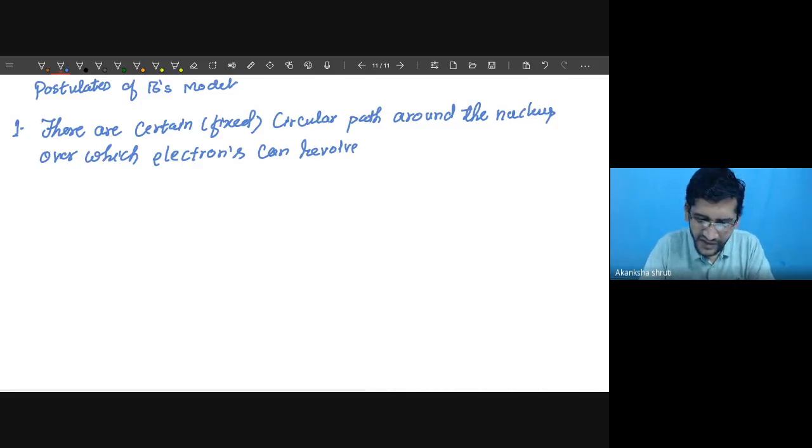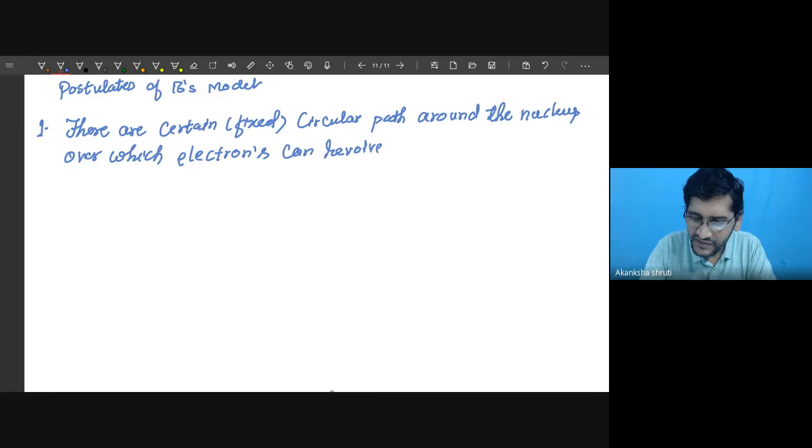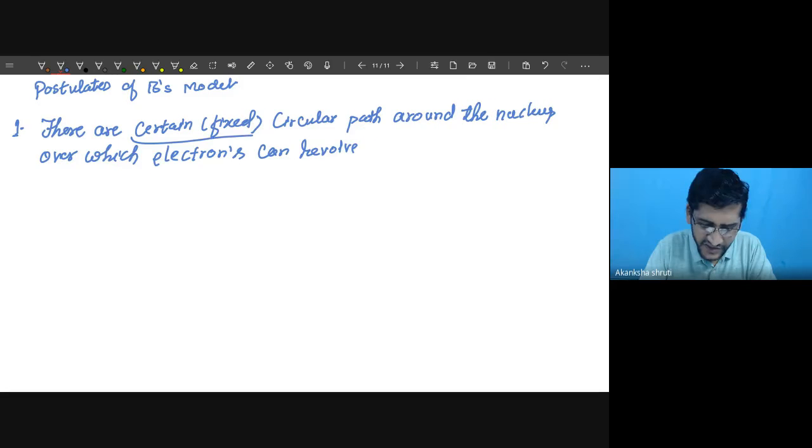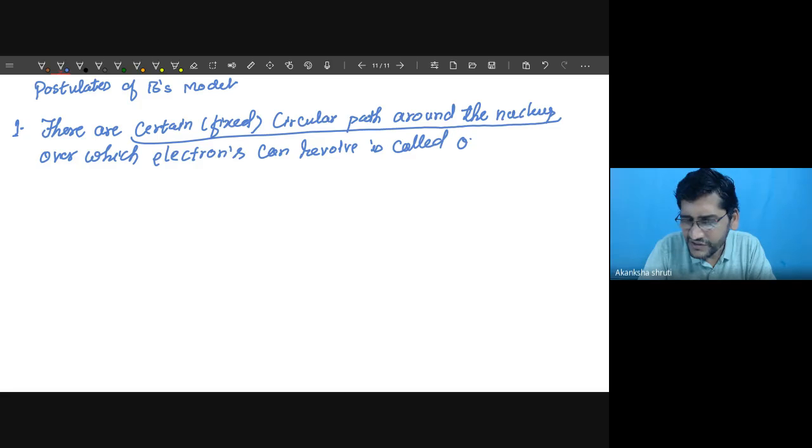Okay, so this fixed circular path around the nucleus, over which the electrons can revolve, is called an orbit. So the concept of orbit was given by Niels Bohr.